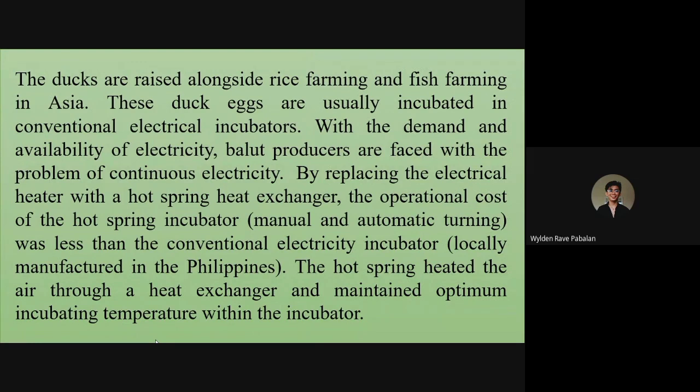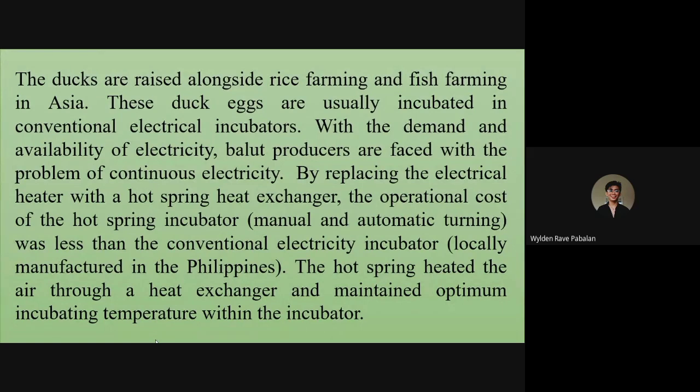These duck eggs are usually incubated in conventional electrical incubators, with the demand and availability of electricity. Balut producers are faced with the problem of continuous electricity.